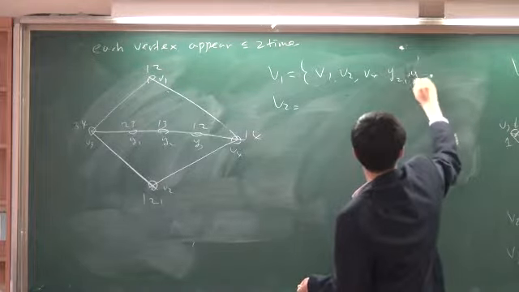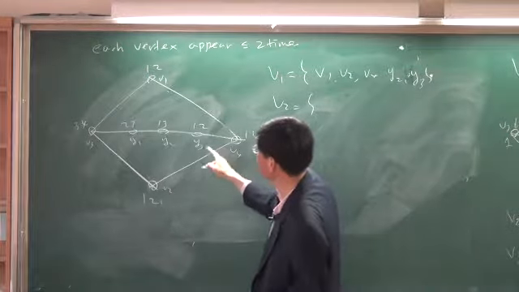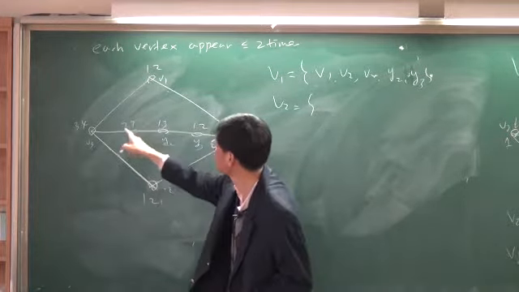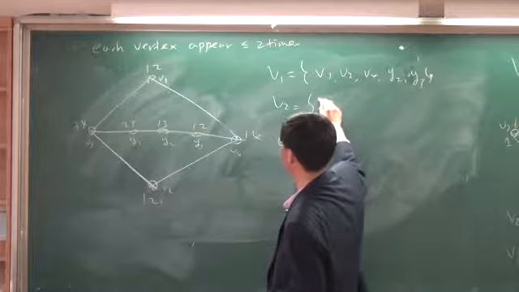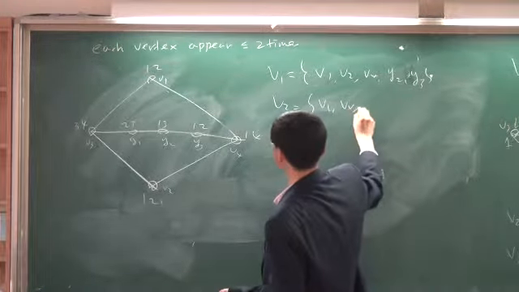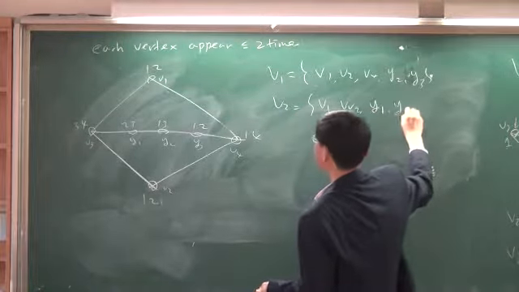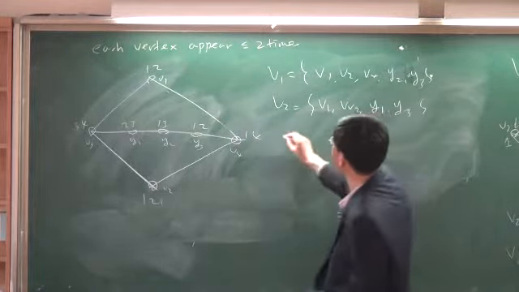And then V2 is the set of vertices which has color 2. So only V1, V2, Y1, Y3.